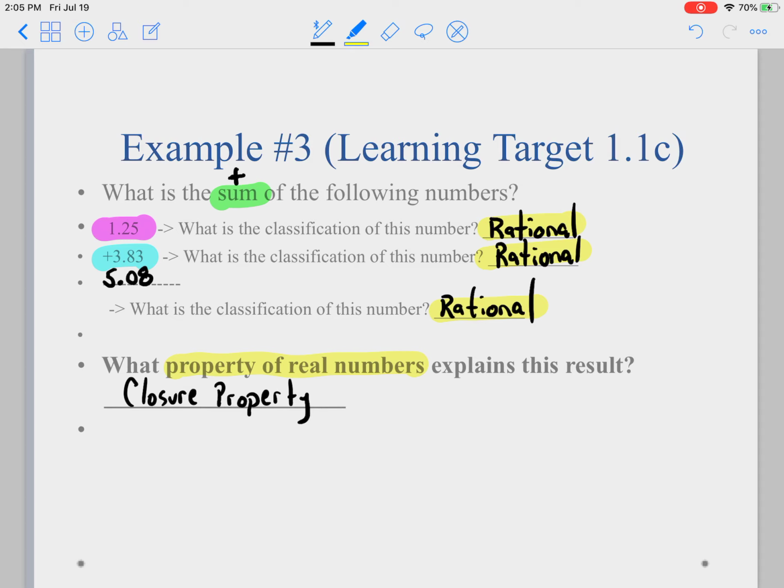And lastly, the addendum to the closure property was that it holds for all real numbers for addition and multiplication. And we have already verified that we're using addition because of the word sum. And so in this case, a rational number added to another rational number results in a number that is also contained in the set of rational numbers.